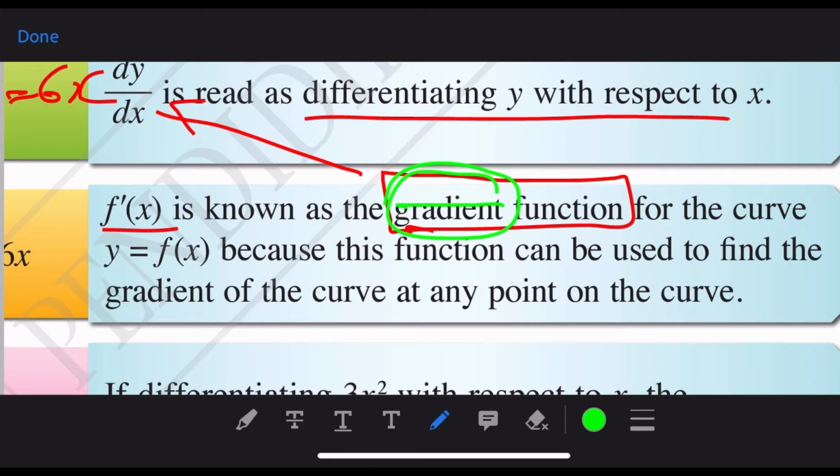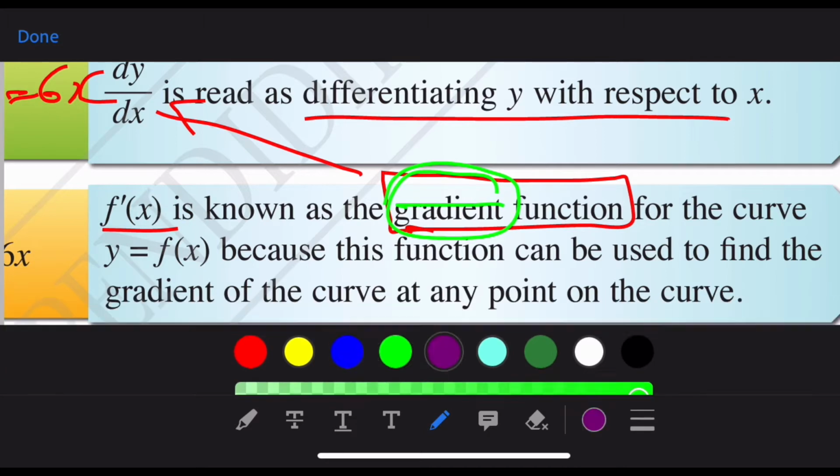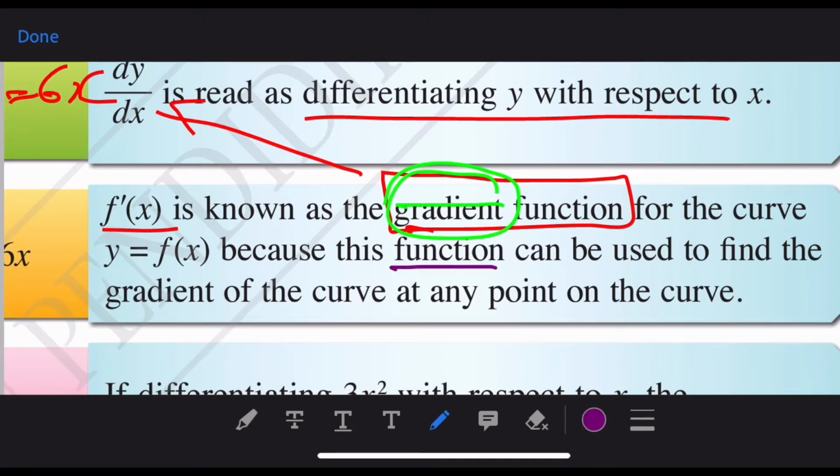For the curve y equals f(x), the function can be used to find the gradient, so we don't say it's just a function, we say gradient function. dy/dx means gradient function. Very important keyword: whenever you see gradient function, you quickly write dy/dx. And dy/dx depends on the x value.